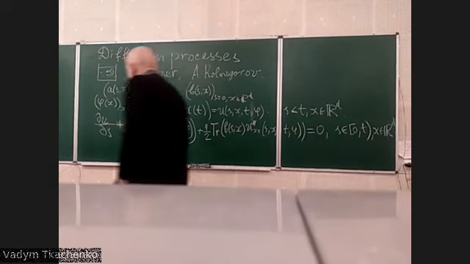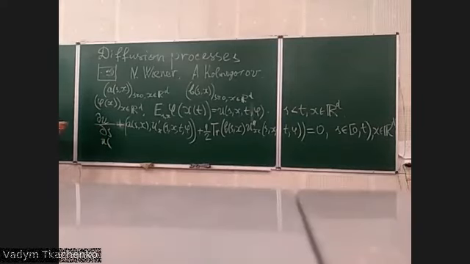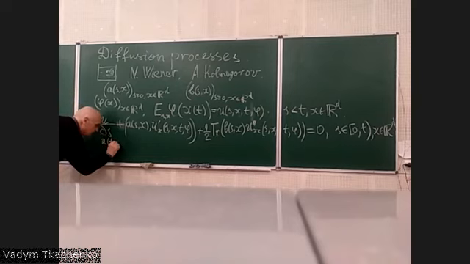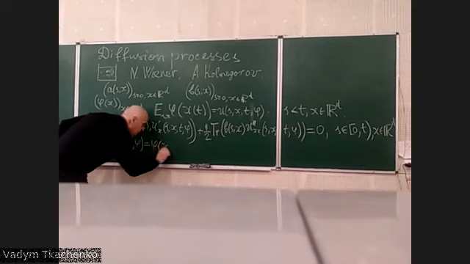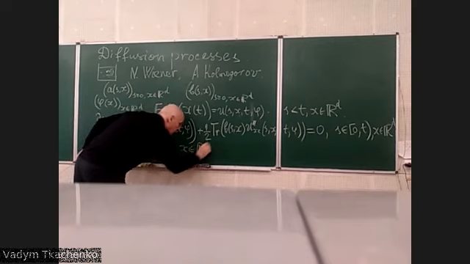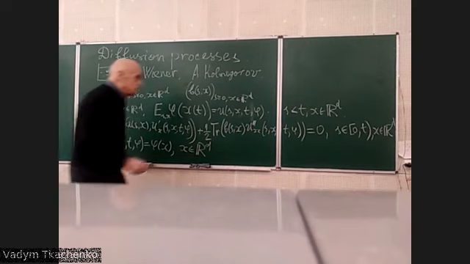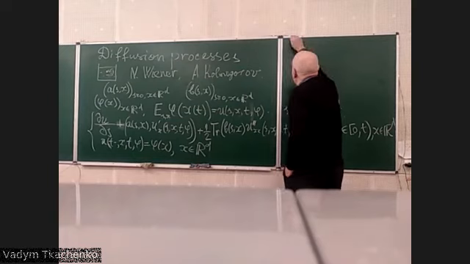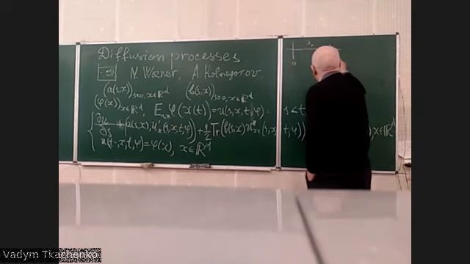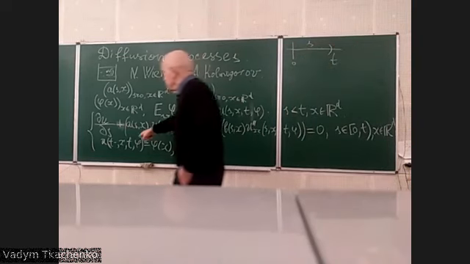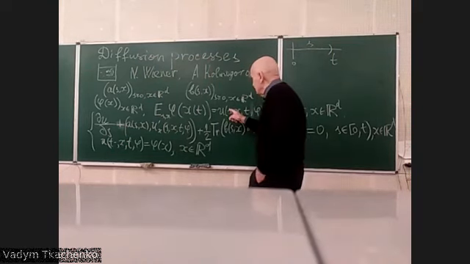And the final condition: the limit of u(s,x,t) as s goes to t equals phi of x for all x from R^d.